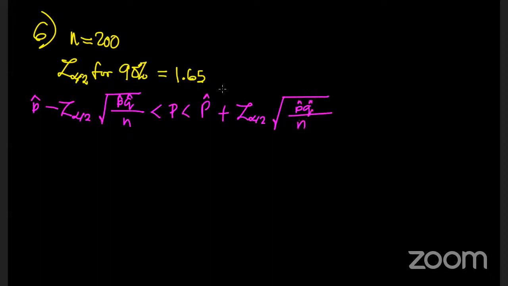Okay, so let's see what we have and what we don't. We have n here, correct? We don't have this p prime, we don't have q prime.